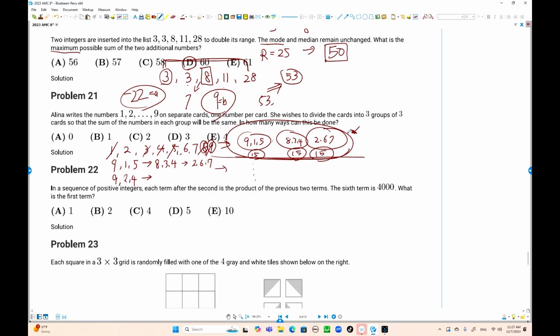For the second order, when you have 9, 2, 4, I'm going to delete this one. This one, 9, 2, 4. What is the other second group? The next one is 8, right? With 9, 2, 4 used, for 8 the sum of the other two numbers is 7, isn't it? 1, 6, 8.